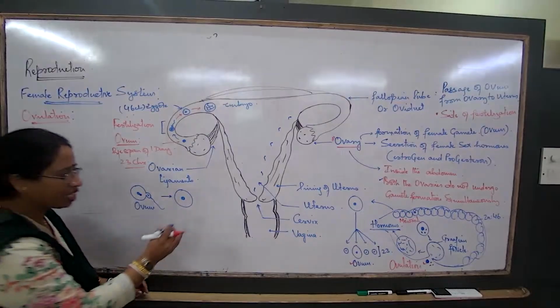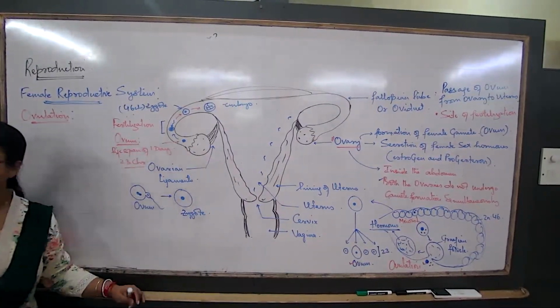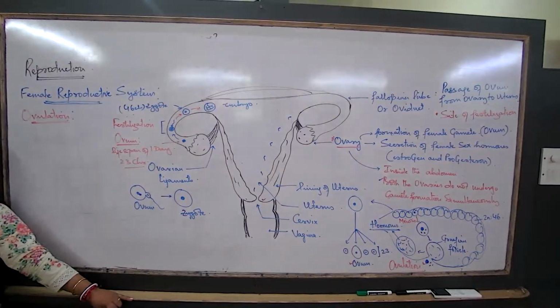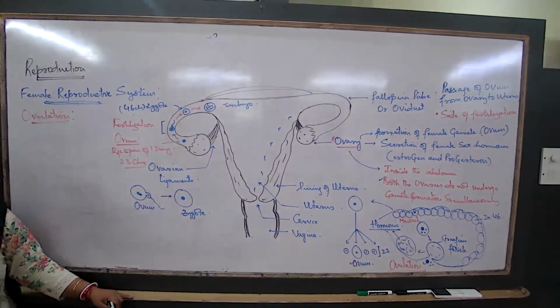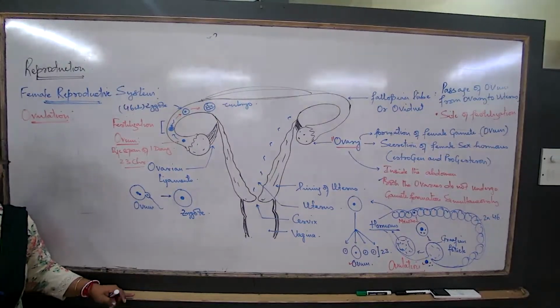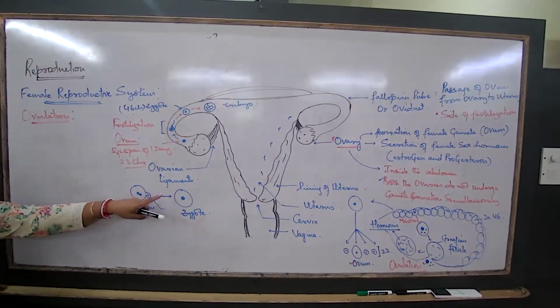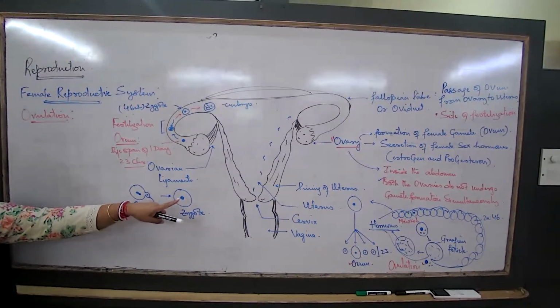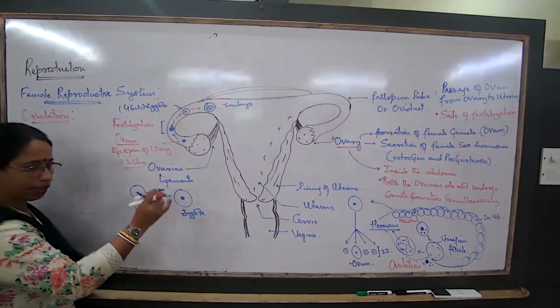Now we are not talking about this as an ovum. We are saying that it is a fertilized ovum, rather a zygote. What is a zygote? Yes, the fertilized ovum is a zygote because it has got two nuclear components, 23 plus 23, 46 chromosomes now.